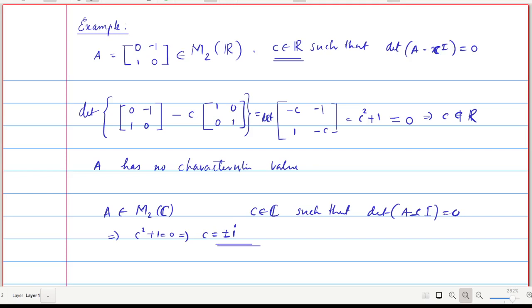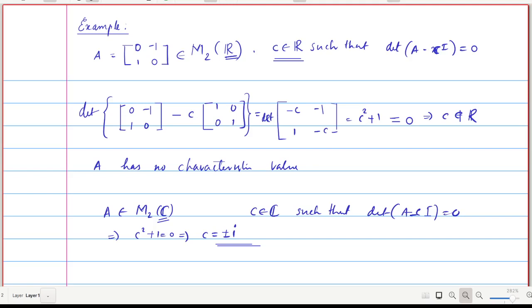That means in order to define the characteristic values, you need to specify the corresponding field of the transformation or matrix. If you consider A as an element of M2C, then A possesses characteristic values, and consequently characteristic vectors as well.